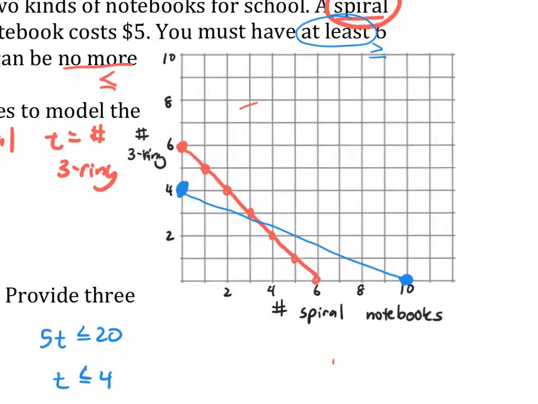The blue is my budget. I have to stay under my budget. The red is my notebooks, and I can have extra notebooks, so I'm going to go above that. So in graphing and then shading, I'm going to shade here in this triangular region.